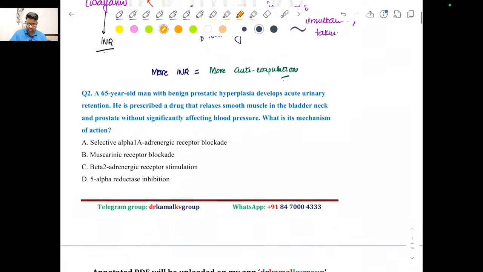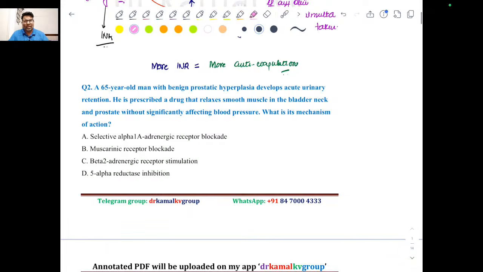Moving forward to the next question, again from a very important topic, asked almost in every exam every year. There is an elderly male with benign prostatic hyperplasia, BPH, and now he has acute urinary retention.